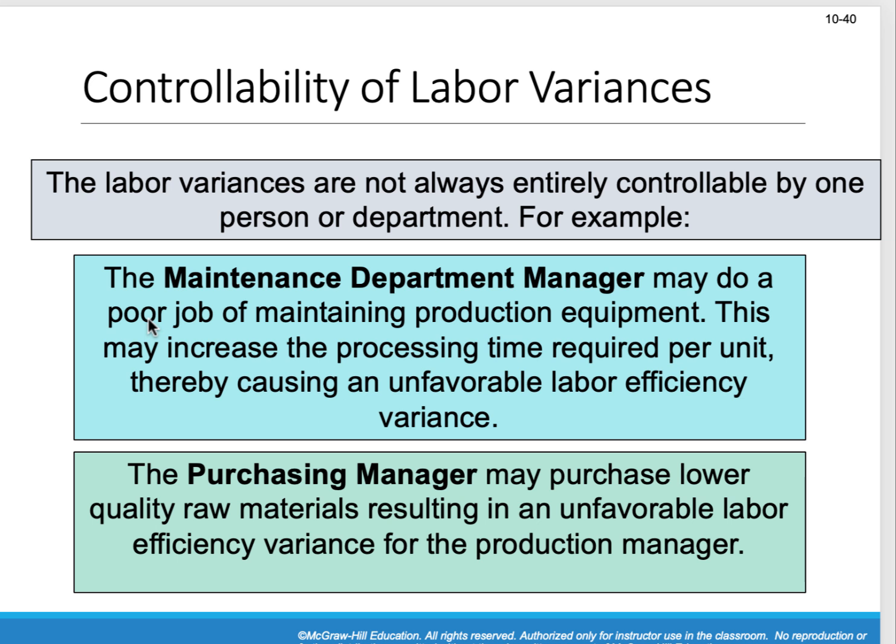The purchasing manager, maybe that purchasing manager bought a lower quality of raw materials. So we're going to have a labor efficiency variance. We're using more hours because these workers have poor input, so they have to rework some of the products that we're making. Okay.